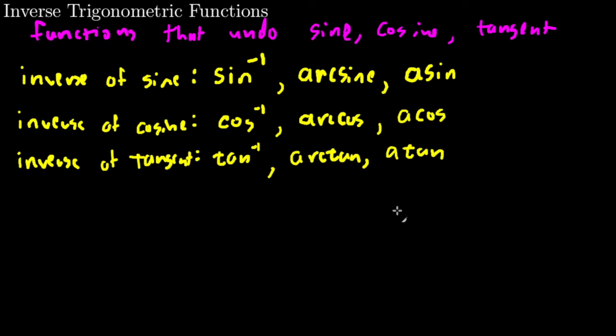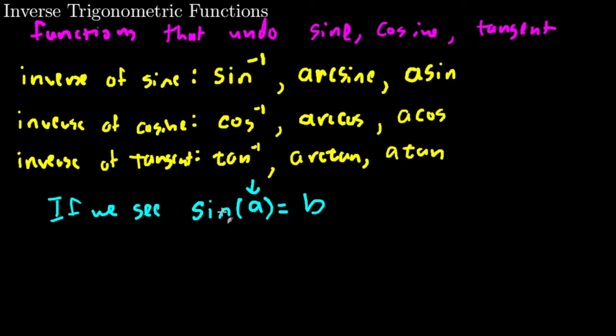And the idea behind this is the following. If we see that the sine of some angle A is equal to some value B, and I want to solve for this angle, I have to get rid of the sine. So what the inverses do, and I'll never show this next step again because I can skip over it, is I take the inverse sine of both sides.